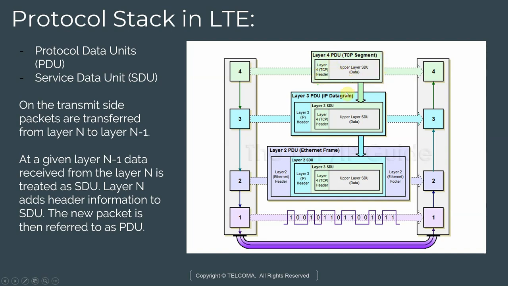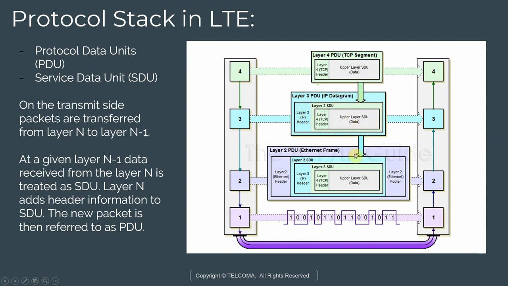Then this gets pushed down to layer 3. Layer 3 treats this packet as the SDU. That's why it's called layer 3 SDU. It adds an IP header with the source and destination and whatnot. And then this composed packet is now called a layer 3 PDU.